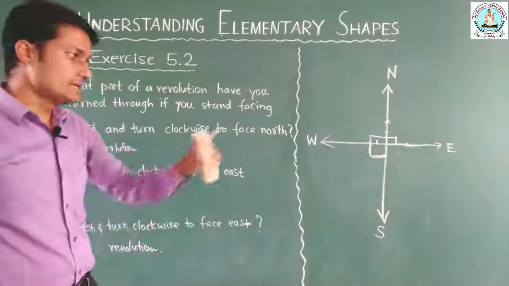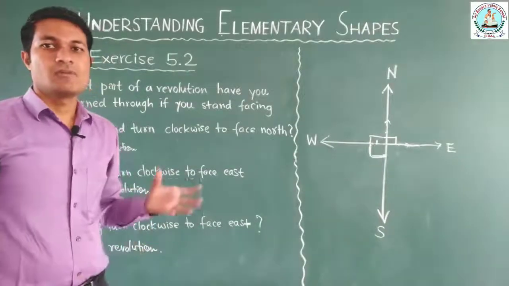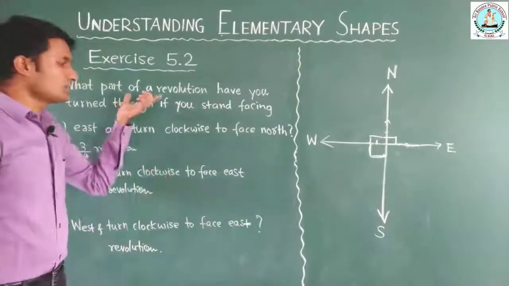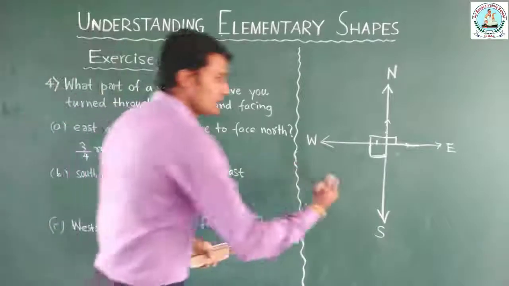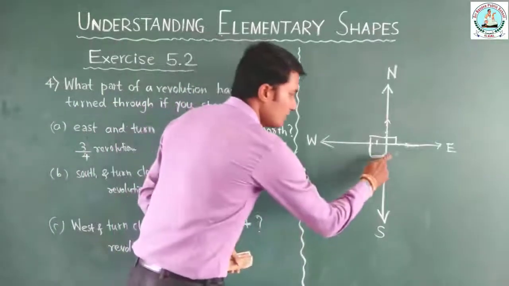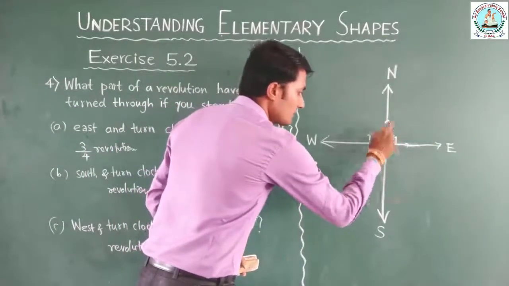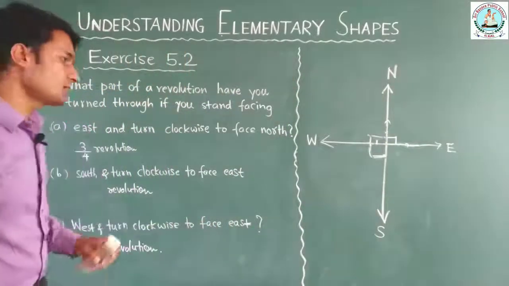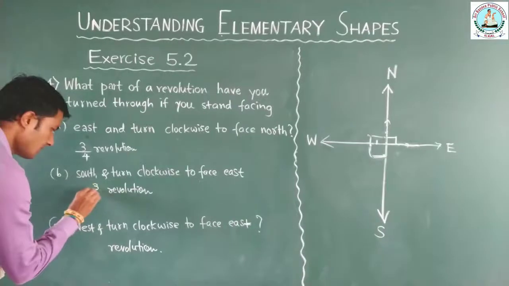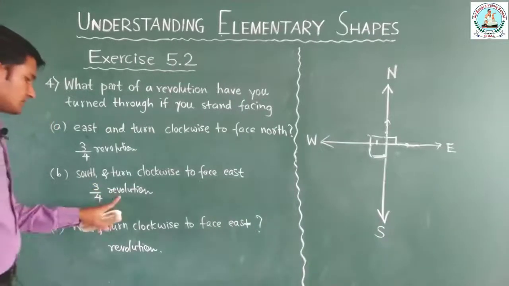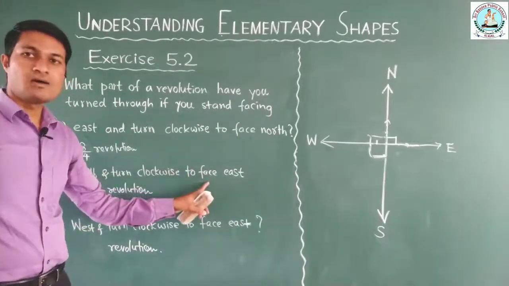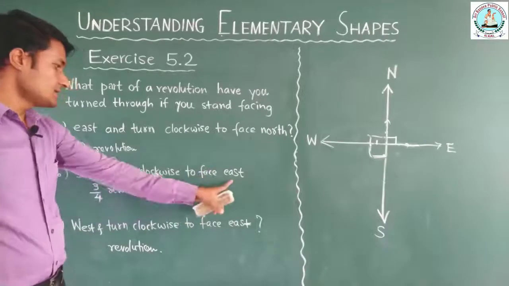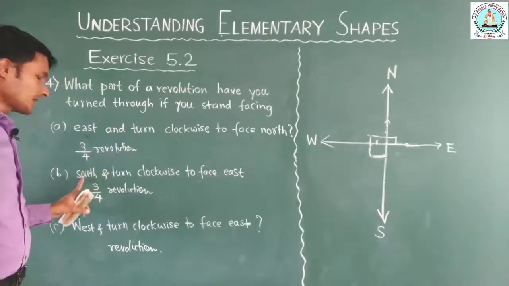You are facing east direction. Then which part of the revolution have you covered? See here, how many right angles have I covered? First, second, third. So 3 right angles means it is always 3/4 of the revolution. So after making 3/4 of the revolution, I will be facing east direction by starting from south direction.